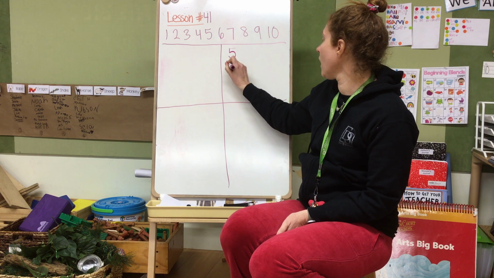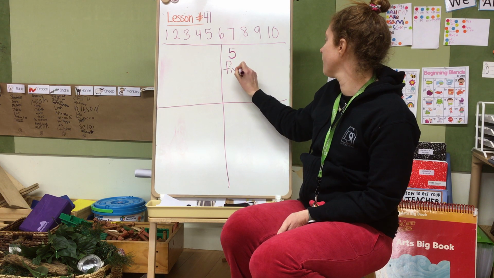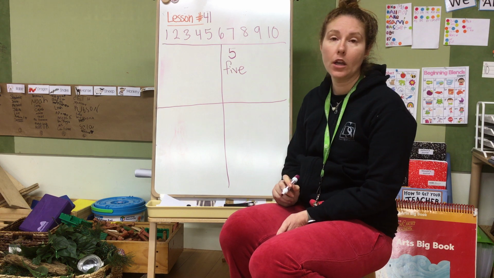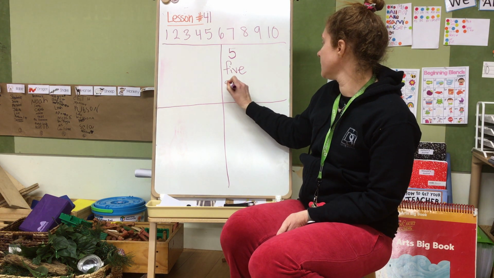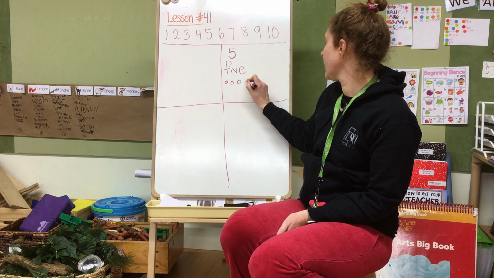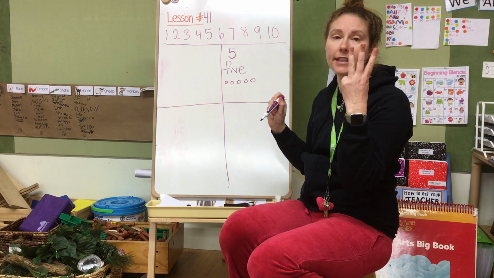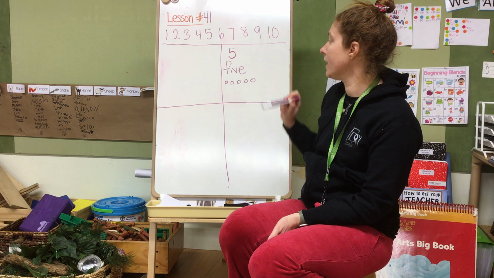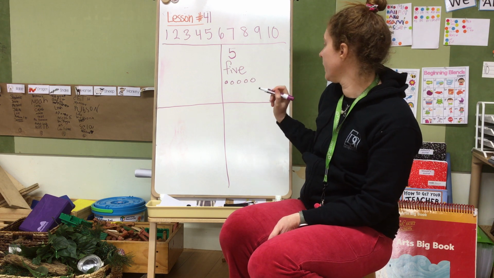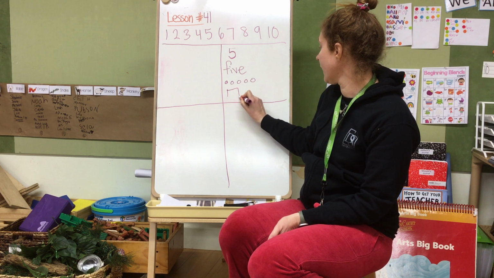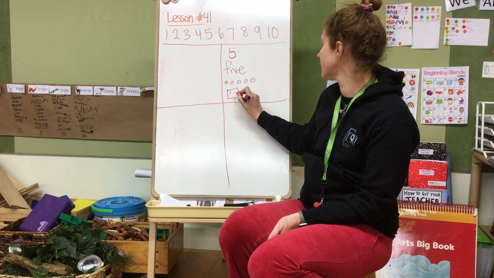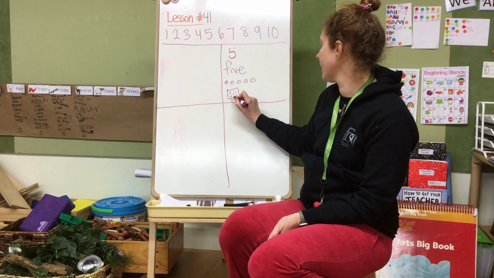Then we could spell the word 5, right? We could do 5 dots. 1, 2, 3, 4, 5. So far, we have 3 different ways to represent the number 5. We could draw a dice, like I just rolled, and it has dots generally like that, right?